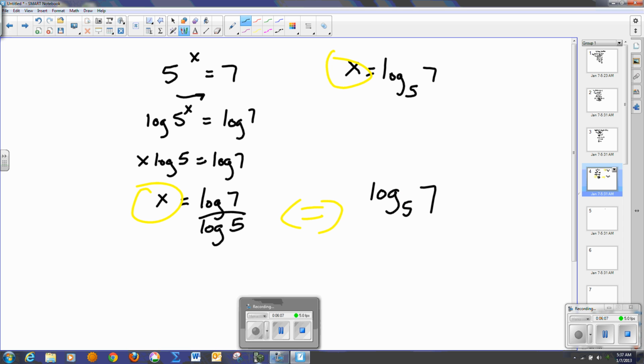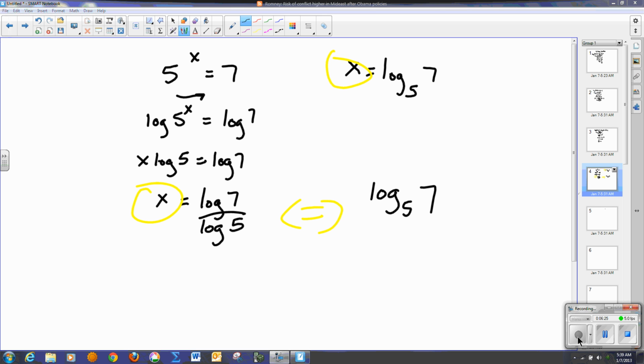And it is. Now, here's the deal. I can find the log base 10 of 7 on my calculator, and I can find the log base 10 of 5 on my calculator. So I can actually calculate what the log base 5 of 7 is equal to. And that's going to approximately be 1.2-ish.